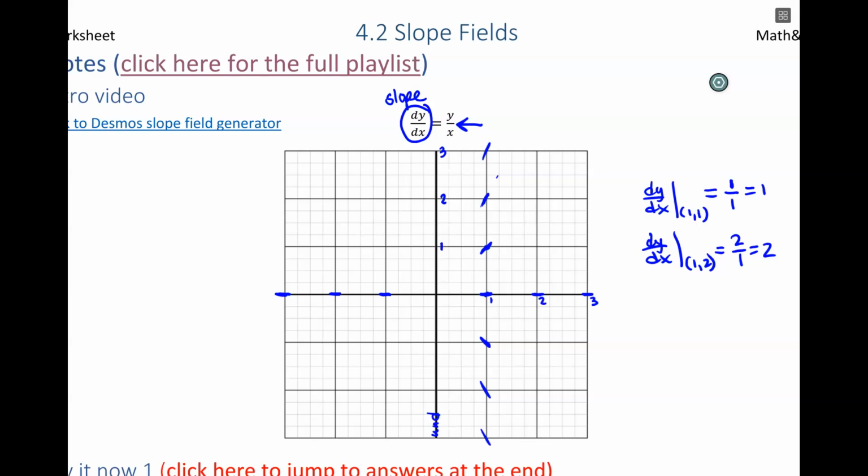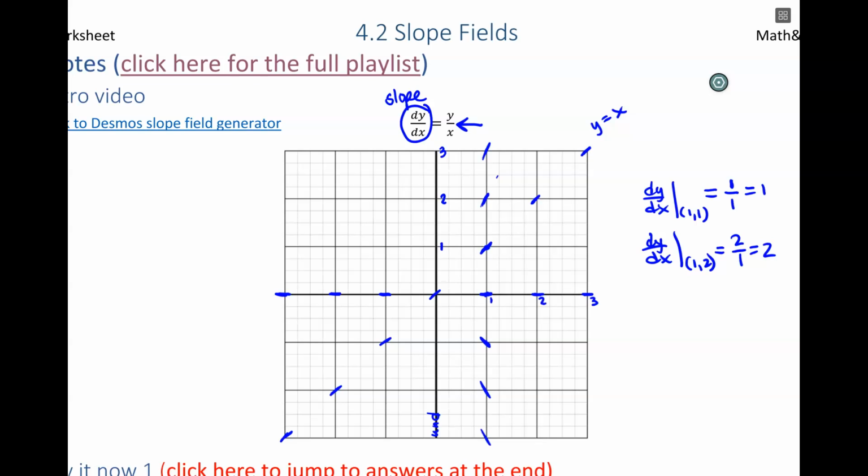And you just work your way along and see what happens. So for example, if I go to the point (2, 2), my slope is 1 again. And in fact, I can spot a pattern there maybe, that anytime my y is equal to my x, the slope is going to be 1. So I can just work my way along the y equals x line and say, okay, for all of this, my slope is 1.